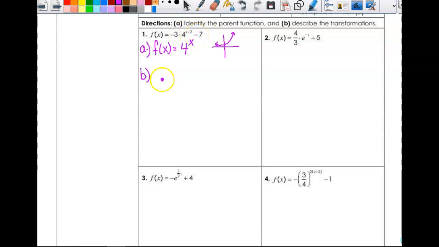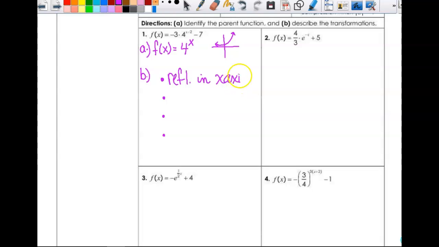So I see 4. It's a little easier on these to tell if it affects x or y because all the x stuff is up in the exponent. So when I look at this negative, I know that it's a reflection, and it clearly doesn't affect x. It affects y, which means it's a reflection in which axis?